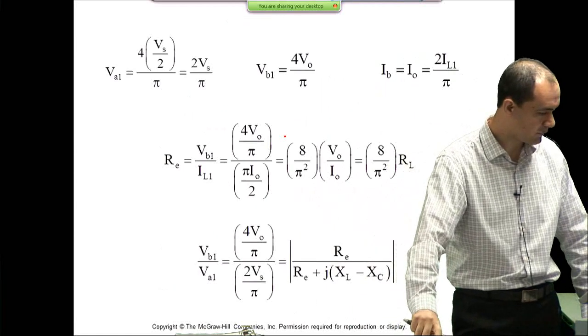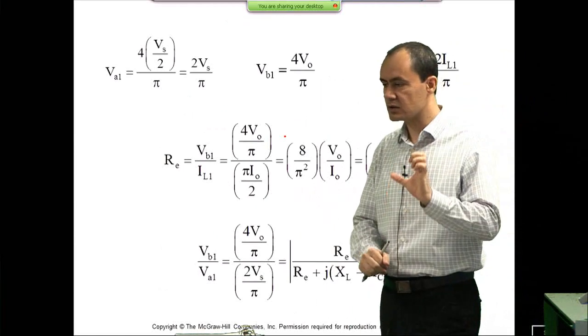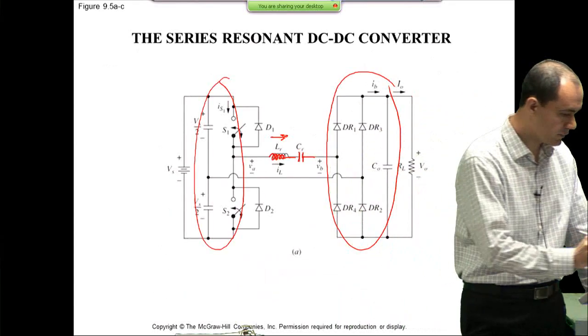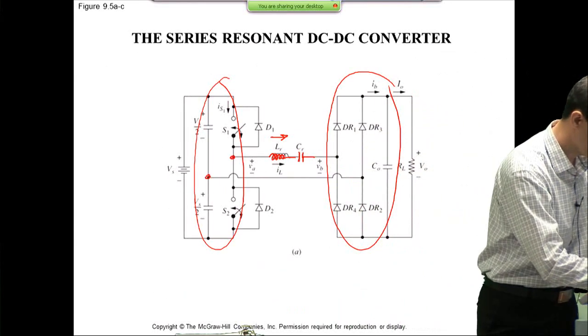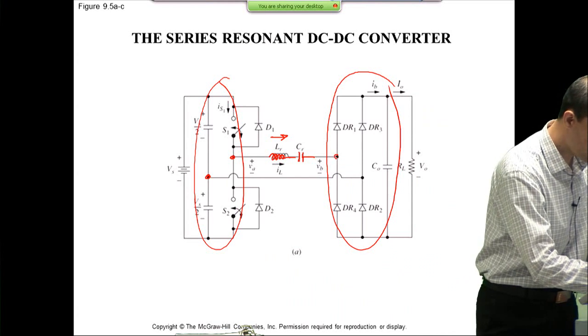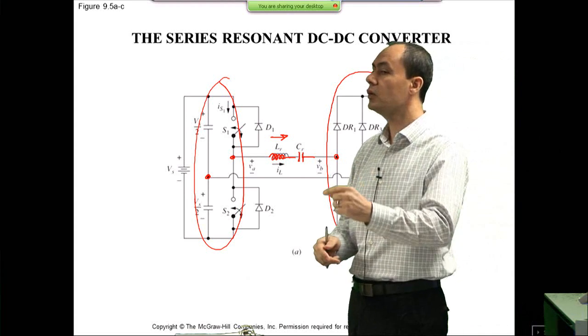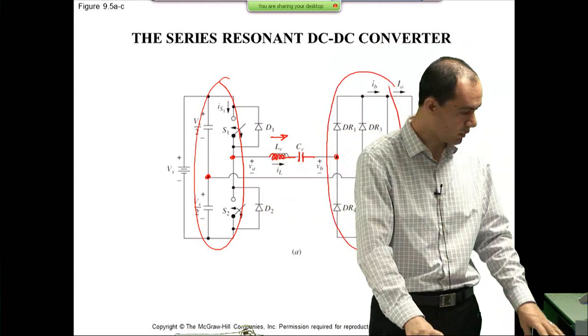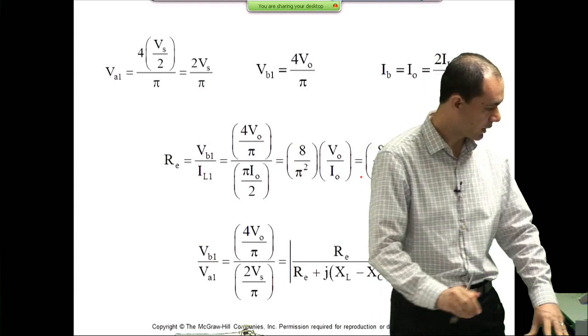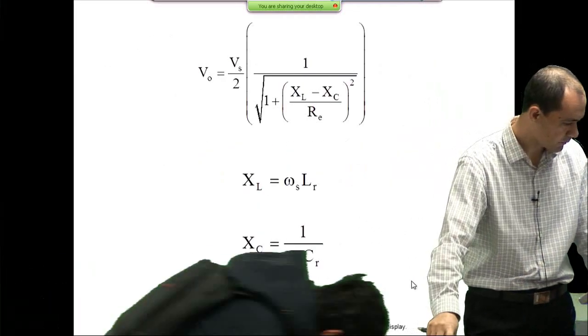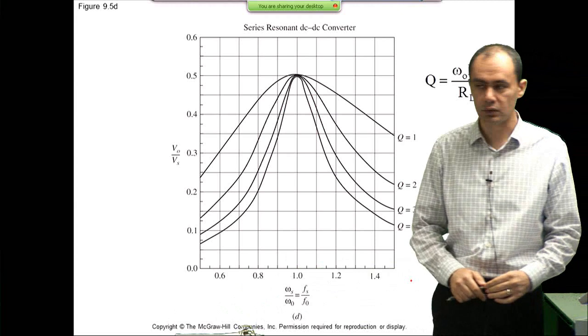If you only look at the fundamental harmonic of the square shape voltage being generated from this point to this point, and also the square shape voltage being generated from this point to this point, you can find a voltage transfer ratio, something like this. And if you plot it, it is going to look like this.